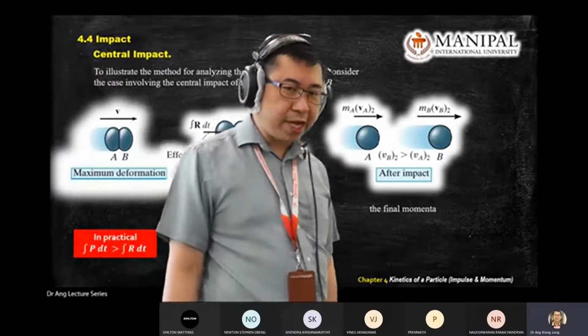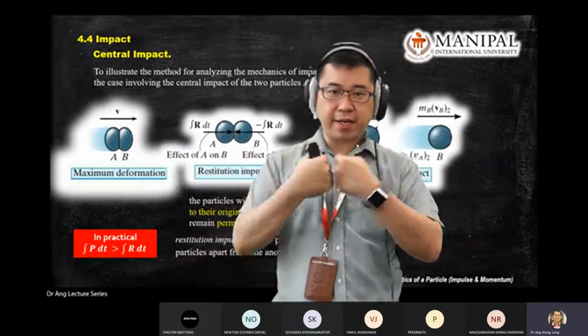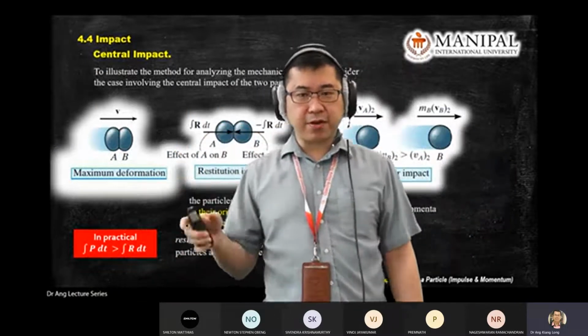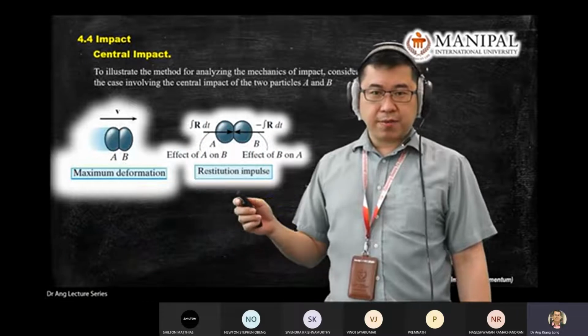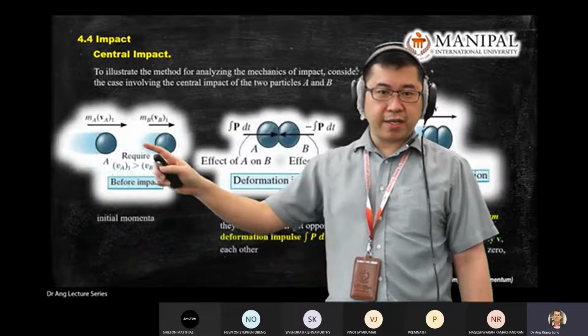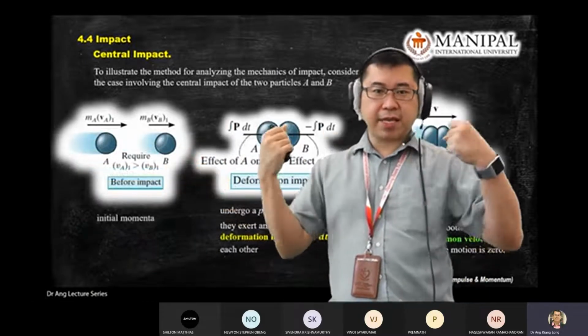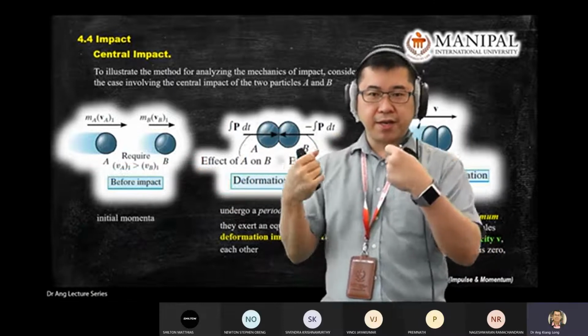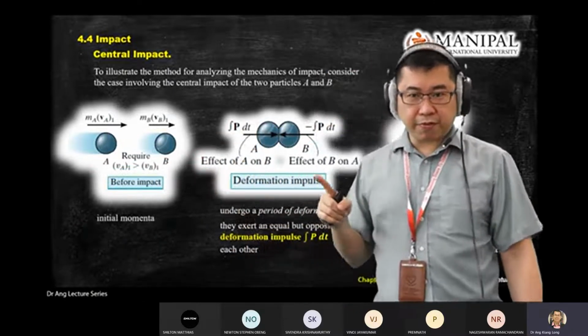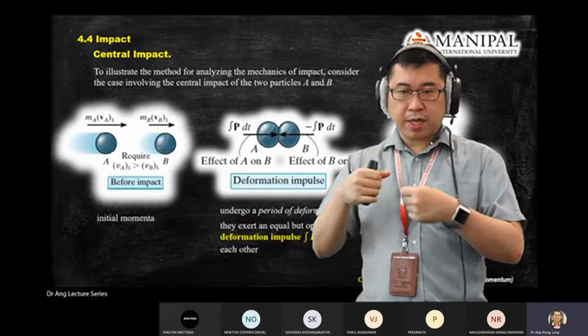What happens if we have two objects collide head to head? It is still the same scenario. However, head to head, the velocity can be the same, it can be different. So you will experience the deformation impact also.